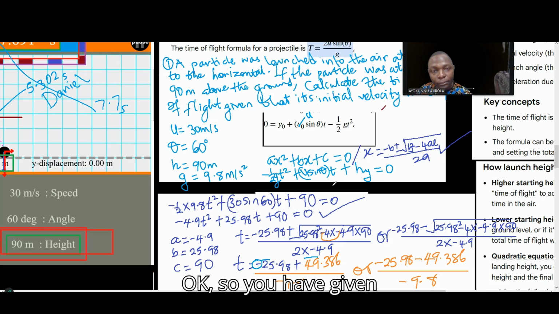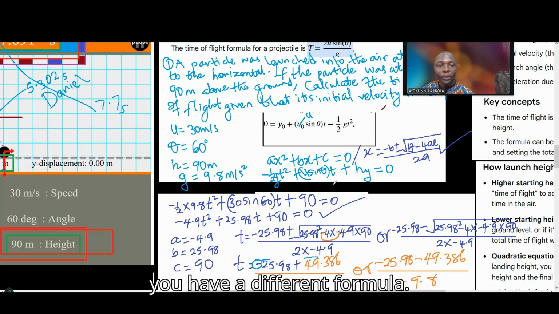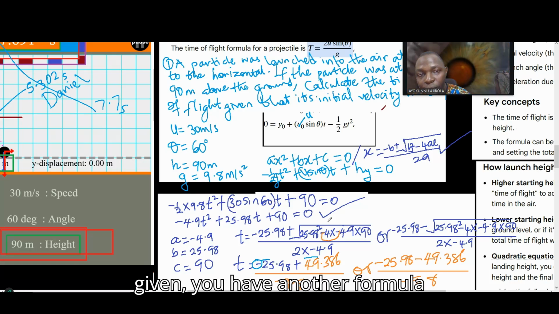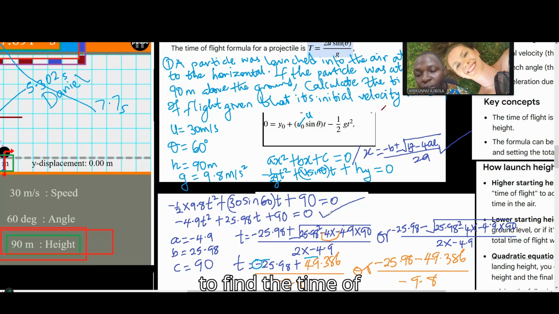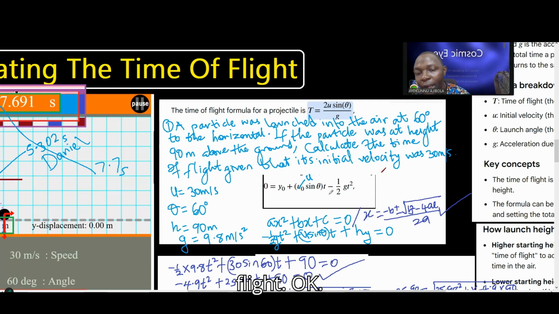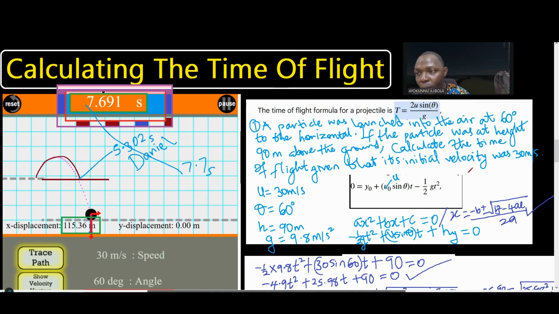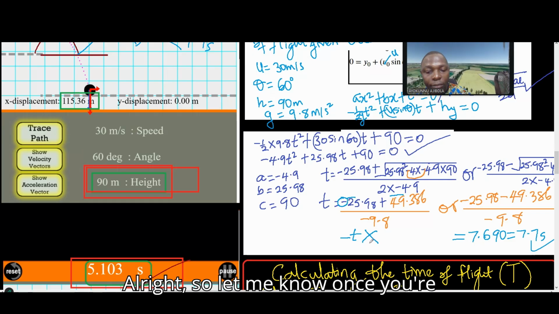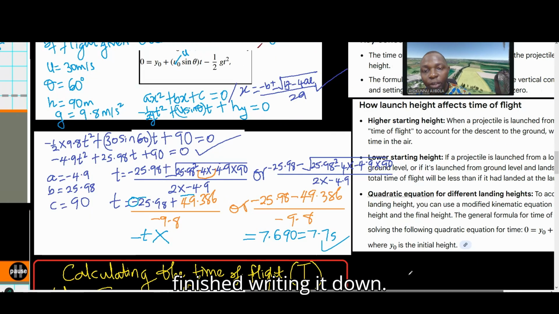Okay, sir. So if you have height given, you have a different formula. If the height is not given, you have another formula to find the time of flight. Okay? Yes, sir. All right, let me know once you finish writing it down.